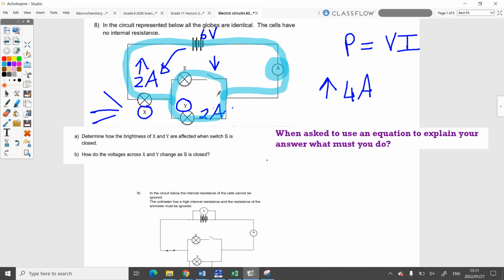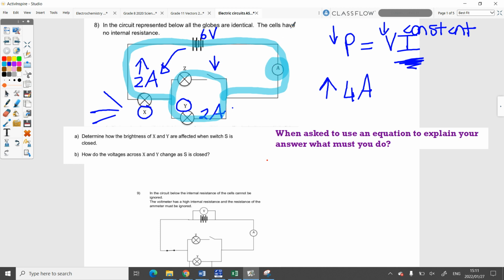With me? Because they're going to get less voltage, but they're still getting the same current. So if the voltage decreases, but the current remains constant, remember I said this to you guys when we started this. You can only use direct proportions if the other thing stays constant. So you can only say that the power will go down if the voltage goes down, if and only if the current stays constant. Remember that. That's very important.